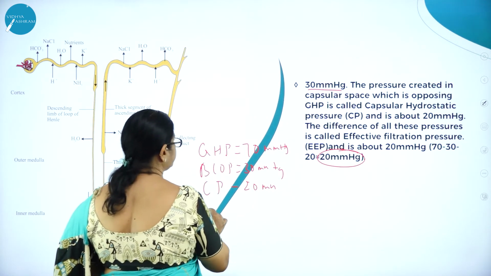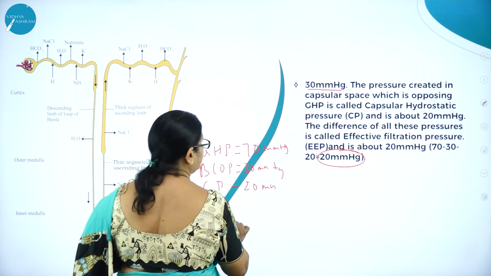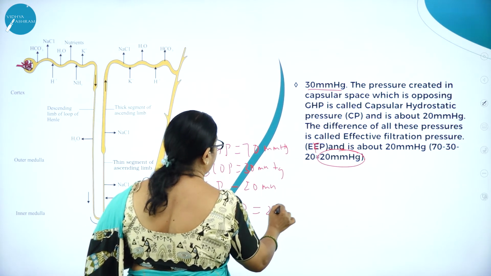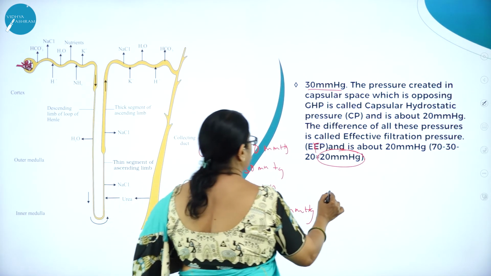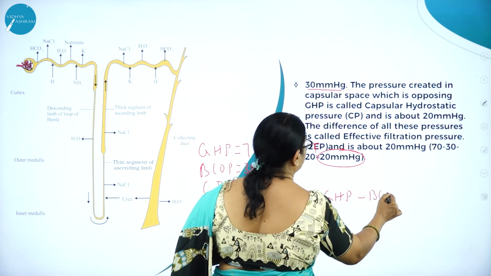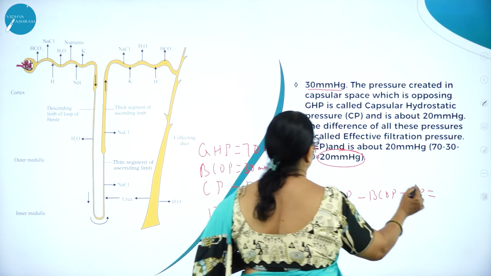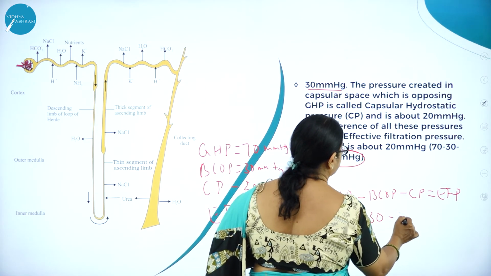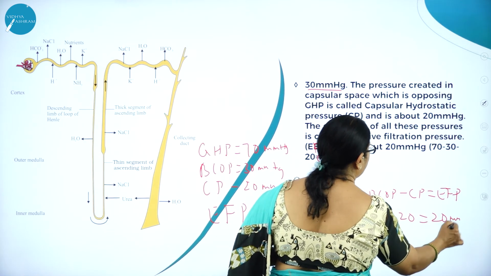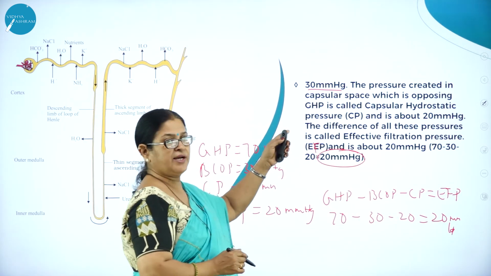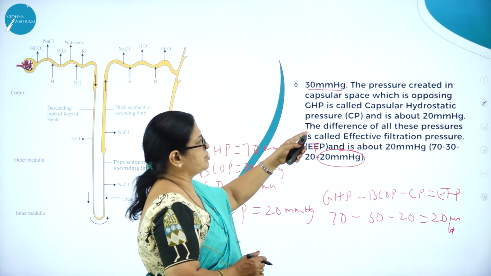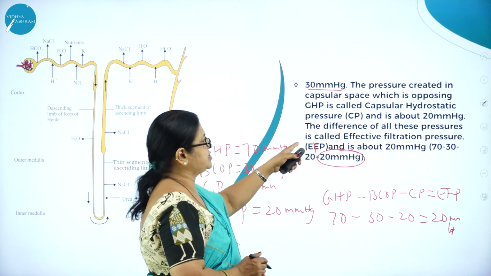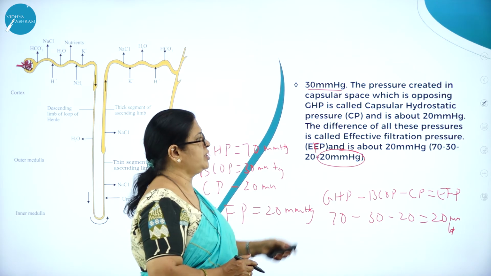So that is effective filtration pressure. EFP is equal to 20 mmHg. That is, GHP minus BCOP minus CP is equal to EFP, around 70 minus 30 minus 20, which is equal to 20 mmHg.